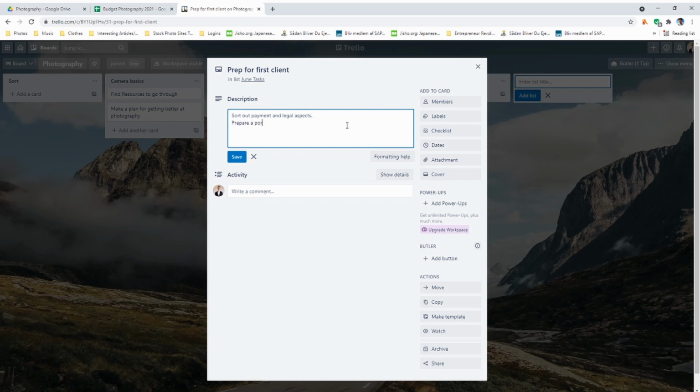Prepare a portfolio. And prepare prices. And we need to get the gear necessary to actually do the job.